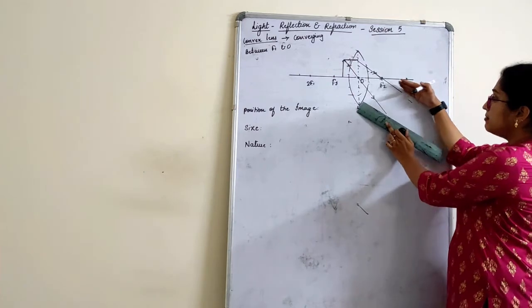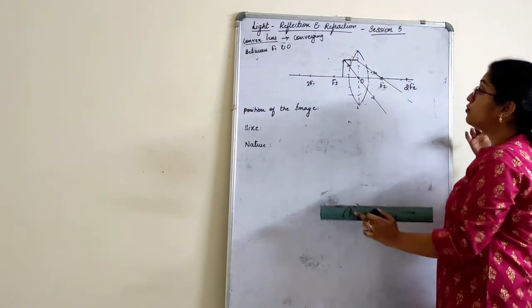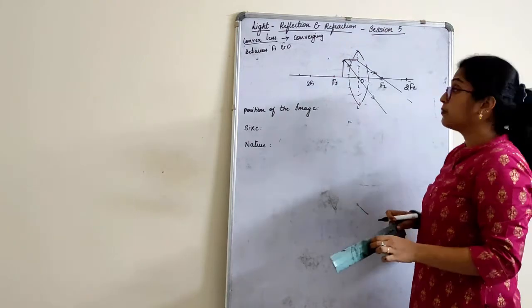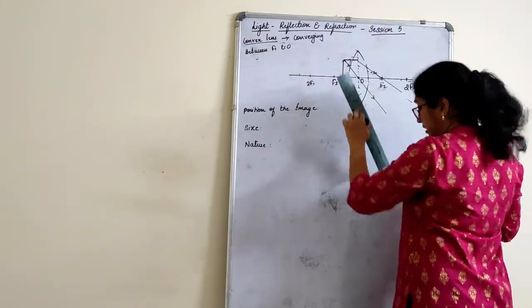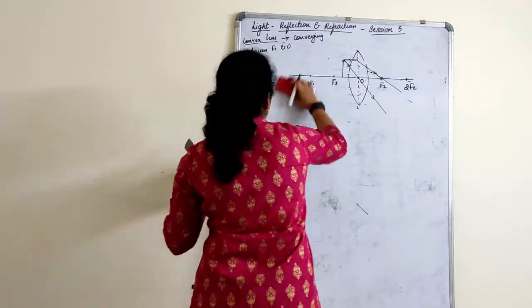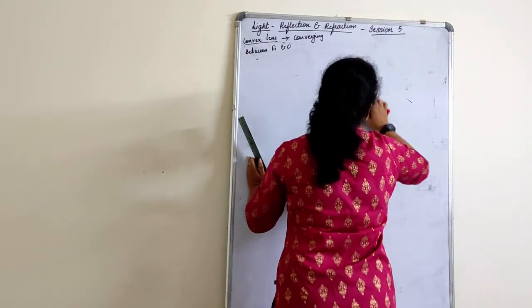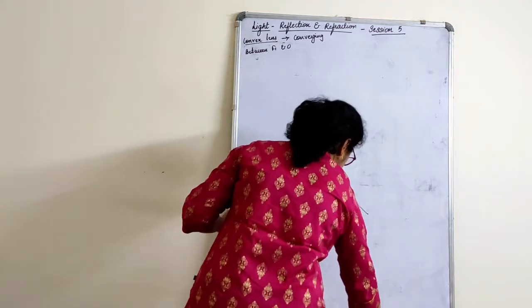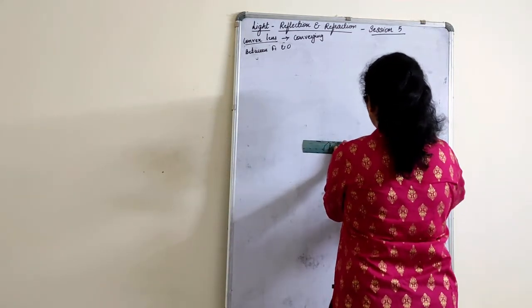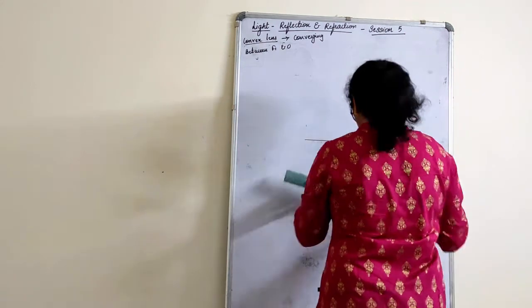Are they meeting? They are actually going apart. So what we have to do here, we have to actually extend them back. I'll do one thing, I will redraw this a bit down so that you can understand it properly, because we need to extend it. So this is mine.